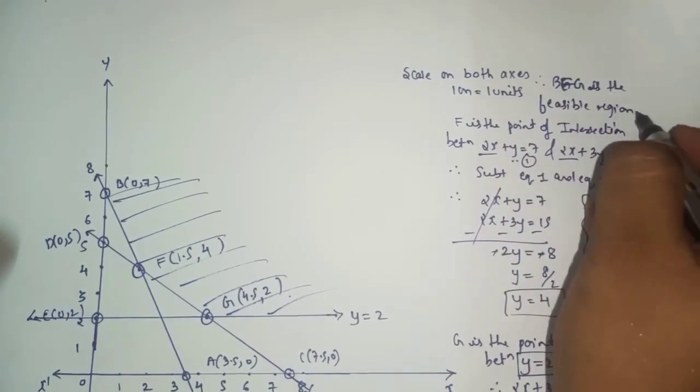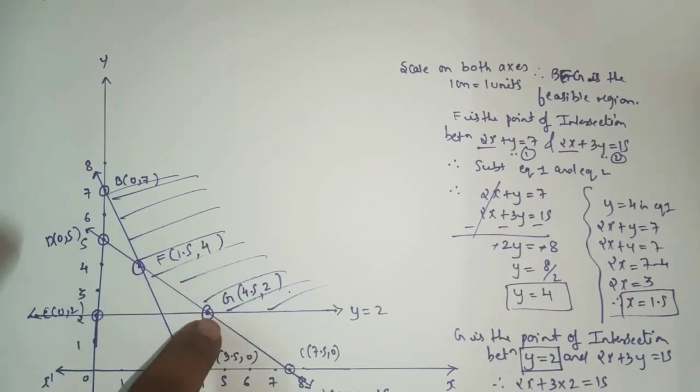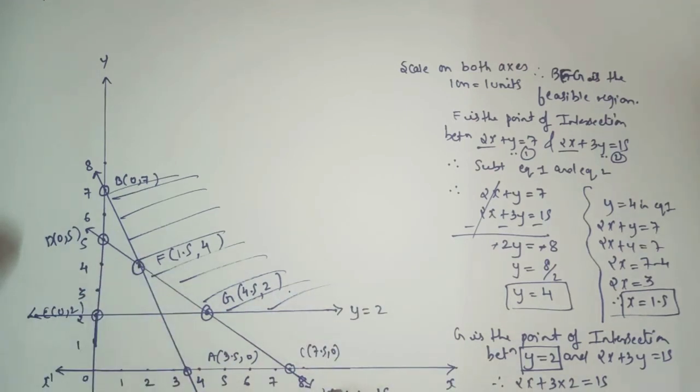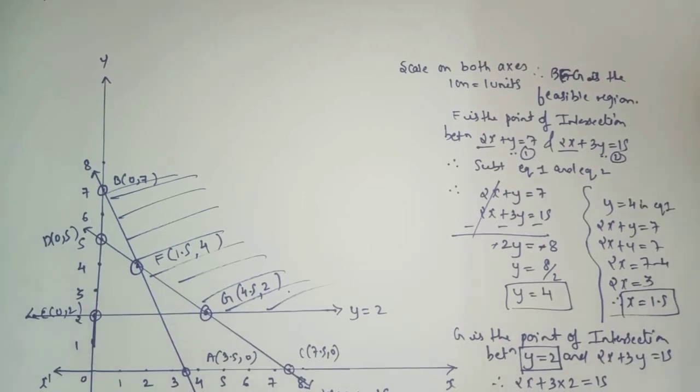Yes or no? Okay, so here we got the points also. This was the intersection between these two lines, and this was the intersection between these two lines. Yes or no?